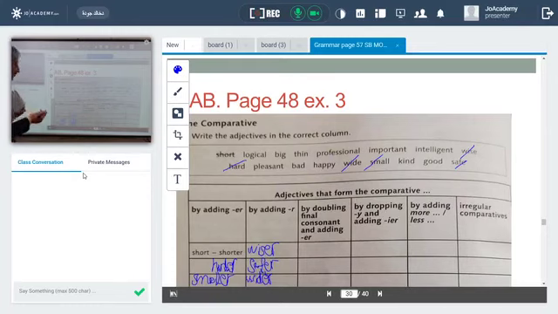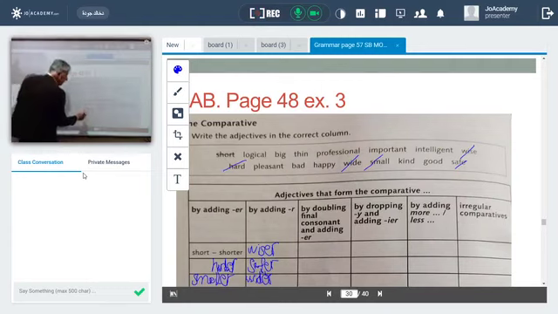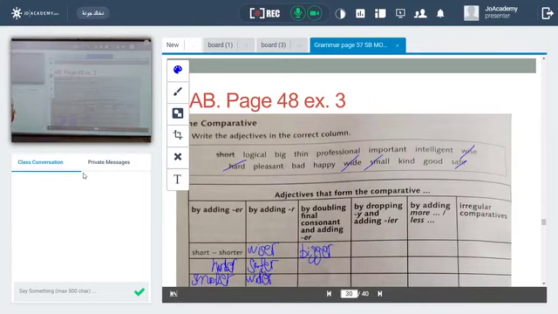Okay, we have big, double G, then we add ER, bigger. And also what we have, so we'll take big. What else remains?